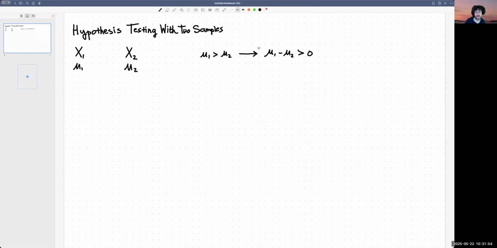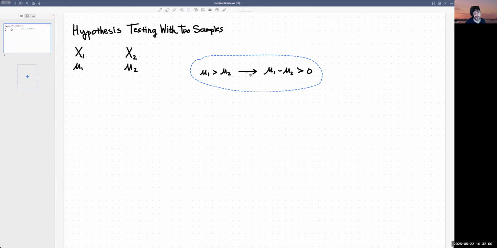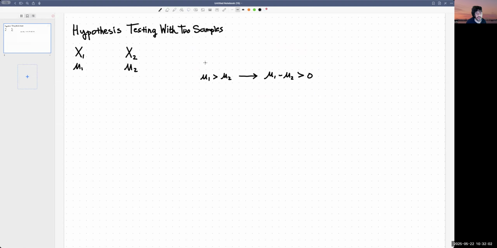Our alternative hypothesis. The null hypothesis would then be that mu1 is less than or equal to mu2, or just equal to, depending on how you're setting it up. I'll write it this way for now. So mu1 minus mu2 is less than or equal to 0.